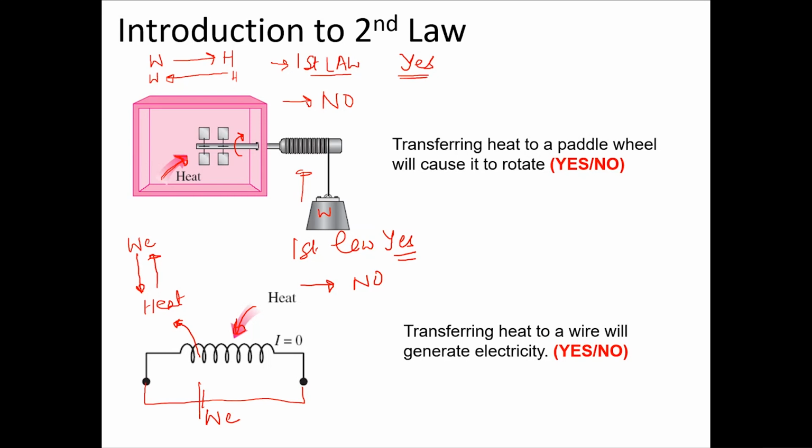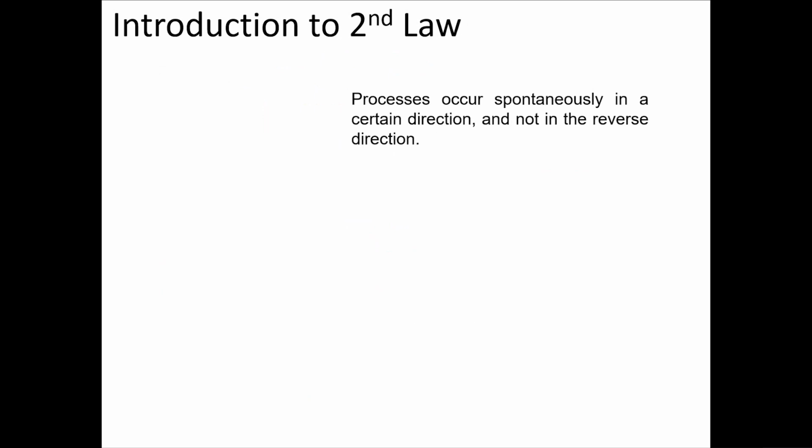So, there is certain information that needs to be checked. It means that you are saying that a process could occur spontaneously in a certain direction and not in the reverse direction. That means work was converted to heat, whether it was shaft work or electrical work.